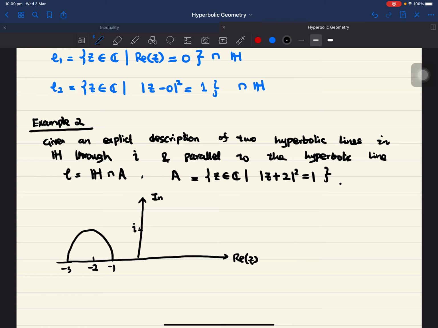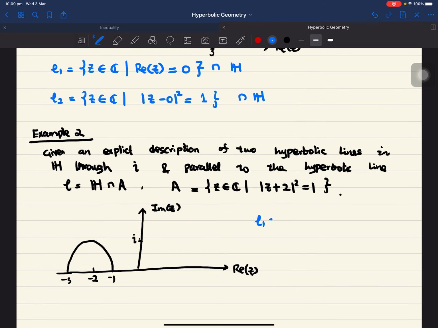Now, clearly the first hyperbolic line that comes to mind is L1, equal to the hyperbolic plane intersecting with the complex numbers such that the real part of z is equal to 0.